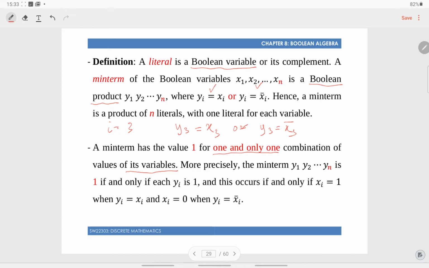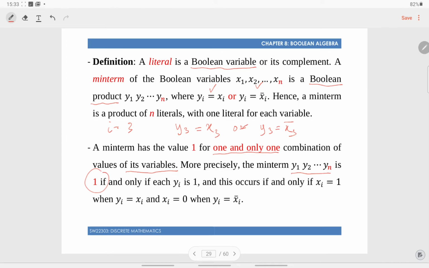More precisely, the minterm y1 times y2 times up to times yn is equal to 1 if and only if each yi is equal to 1.